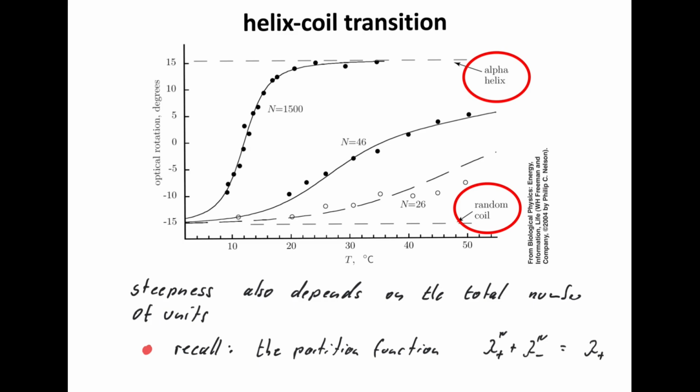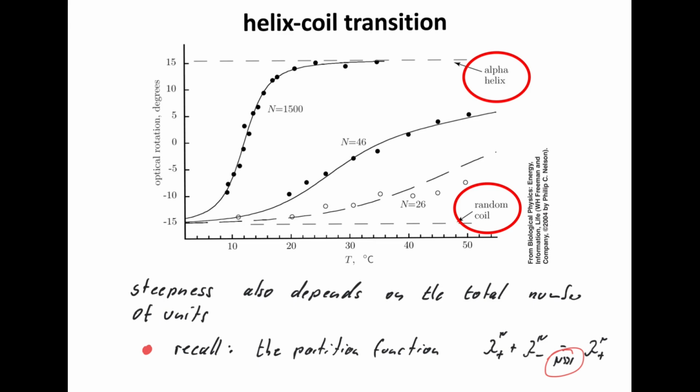But what you see here is that for a restricted number of polymer units, that doesn't hold anymore, and we have to find more complex solutions.